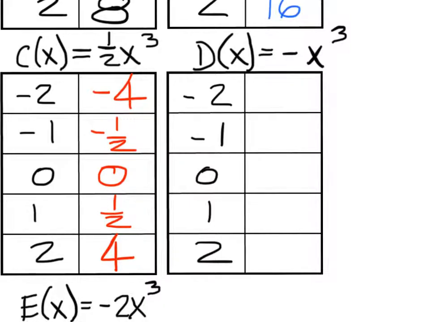We're claiming that this one, the negative x cubed, is going to go the opposite way. So we'll plug in a negative 2 and see what we get back. If I do plug in a negative 2 and cube it, and then multiply by a negative 1, what do I get? I get a positive 8.